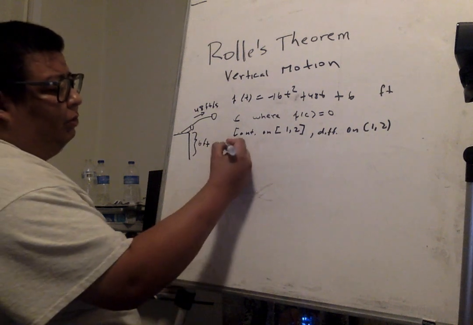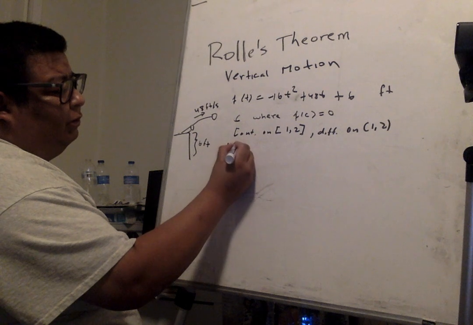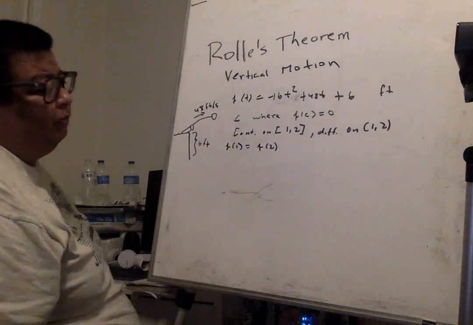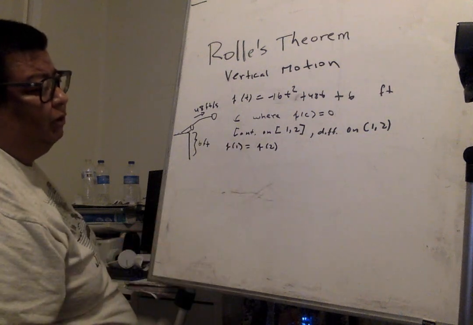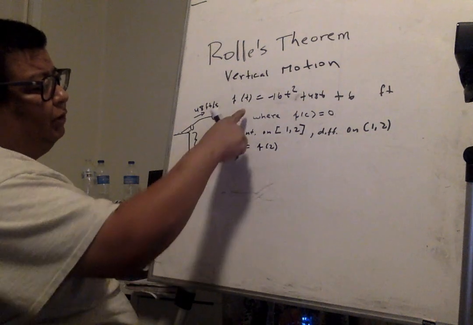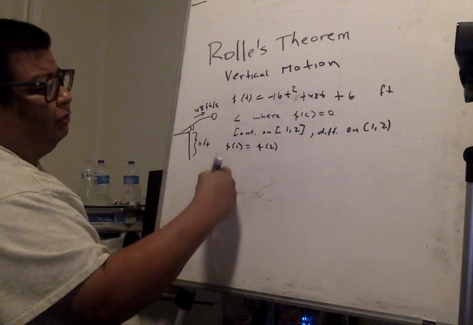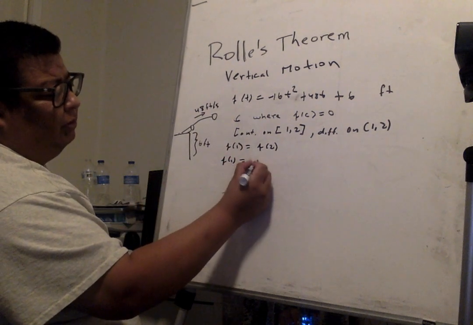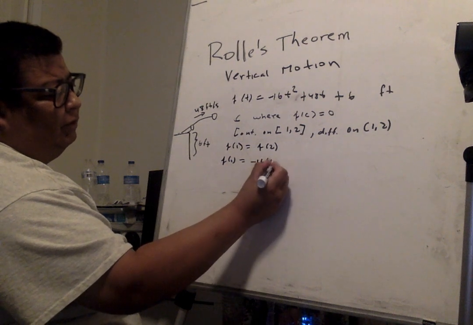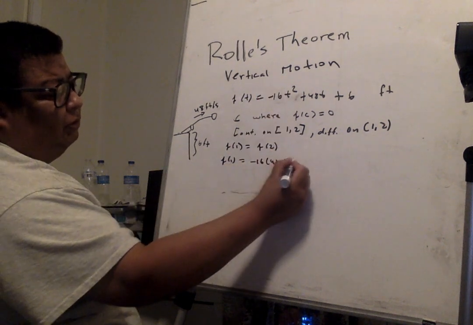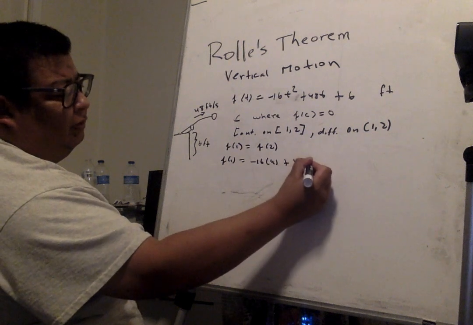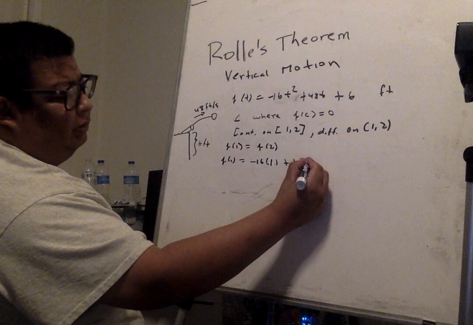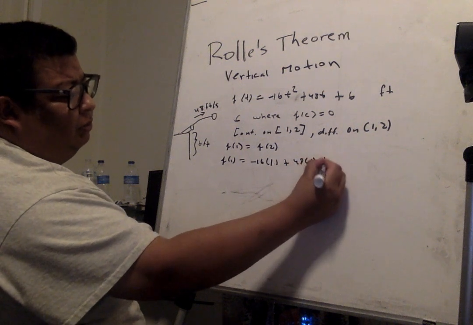Now we need to determine whether f of 1 is equal to f of 2. The endpoints are equal when you plug them into the height function. So f of 1, you plug it in here, so it will be negative 16 times 1 squared, this is actually 1, plus 48 times 1 plus 6.